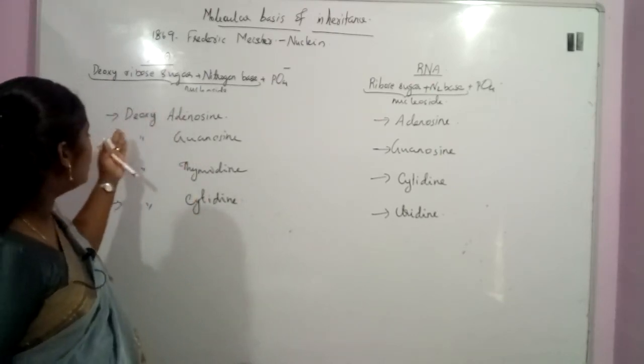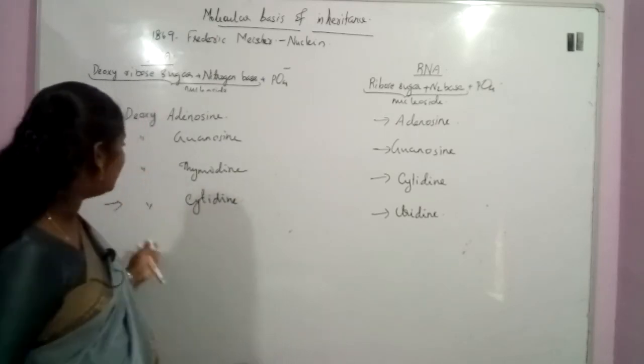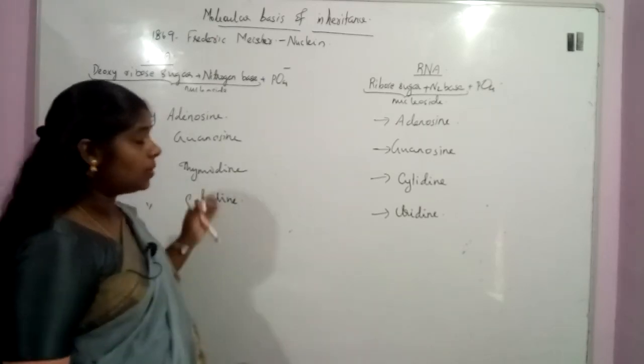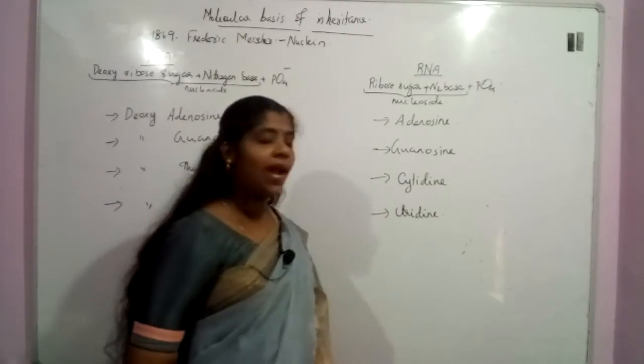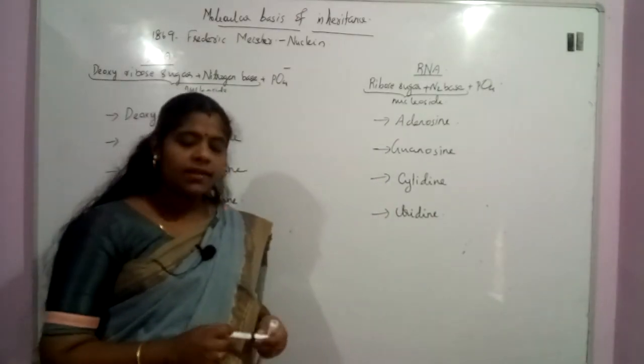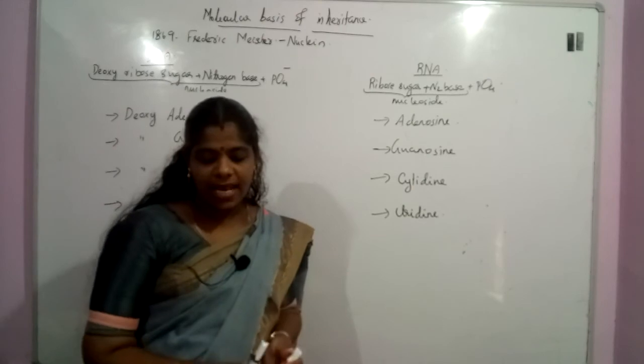In DNA we see deoxyadenosine, deoxyguanosine, deoxythymidine, deoxycytidine, and adenosine, guanosine, cytidine and uridine in RNA. Okay, this is all about the nucleoside formation.